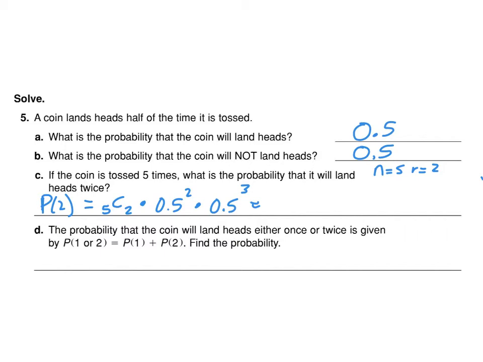I did 5c2, and that was 10, and I did 0.5 squared, that was 0.25, and I did 0.5 cubed, and that was 0.125. And I cranked that out, and it came out to be approximately, I should put the squiggly equals there because this has been rounded, but approximately 0.313. Okay?